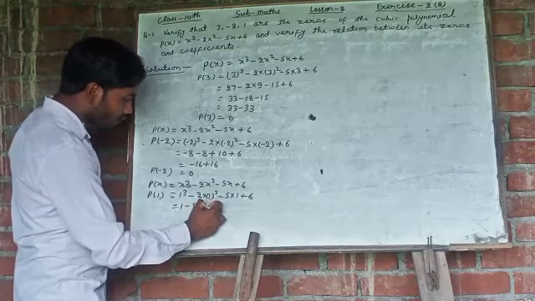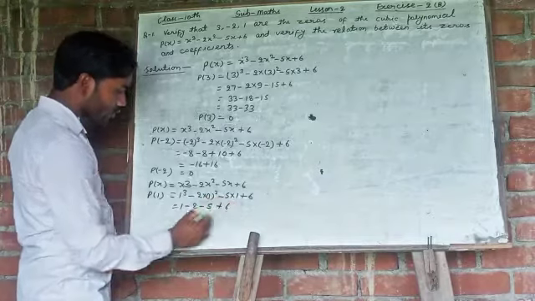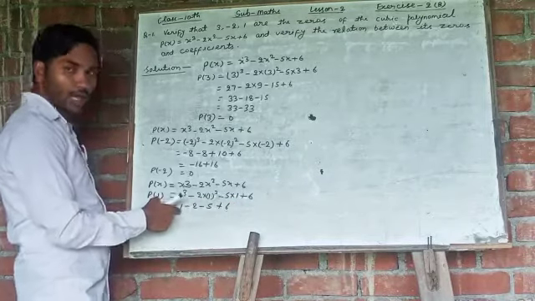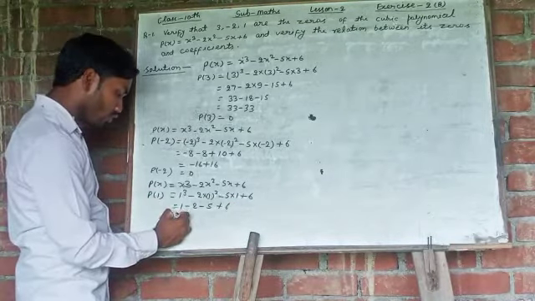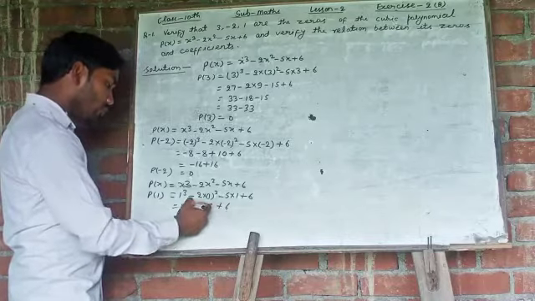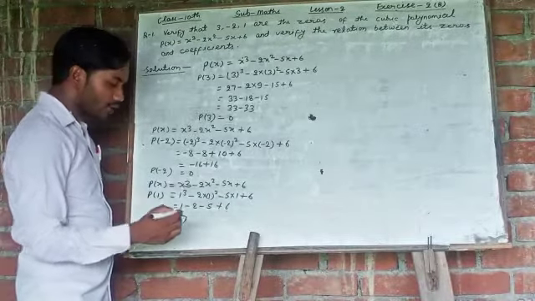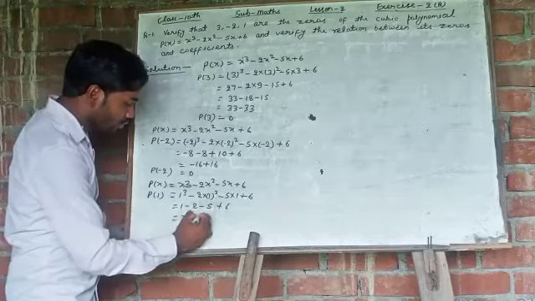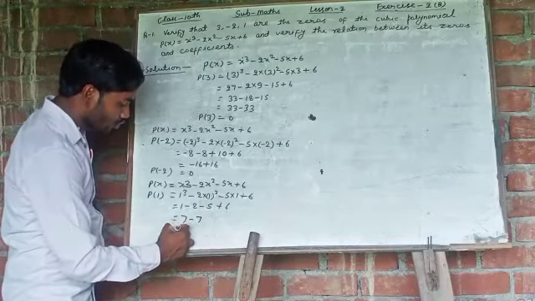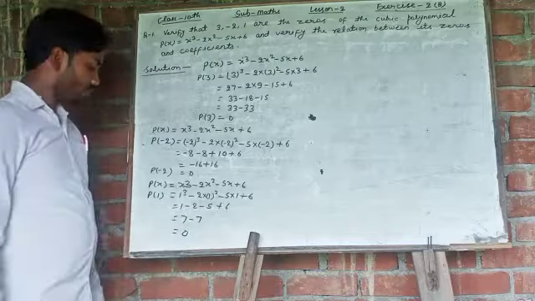Here minus 5 and plus 6. 6 and 1 are positive, so it will be 7, and -2 and -5 both are negative, so they will be added to each other and we get -7. So it will be equal to 0.